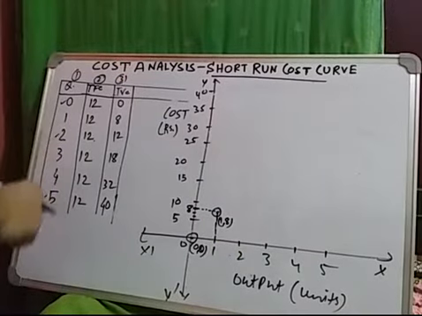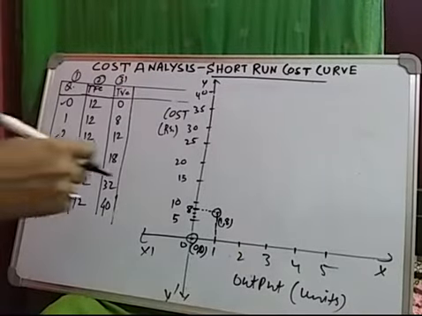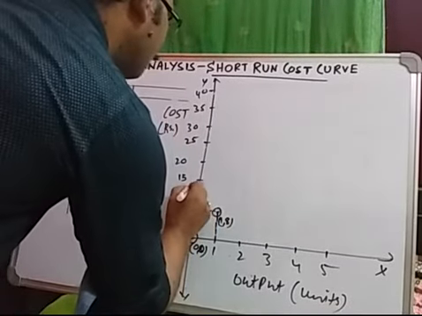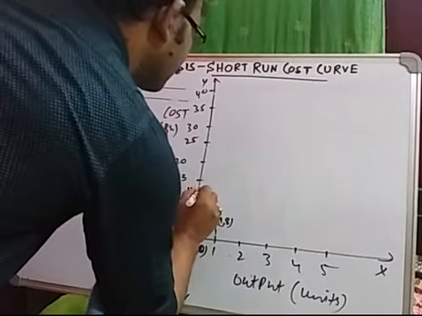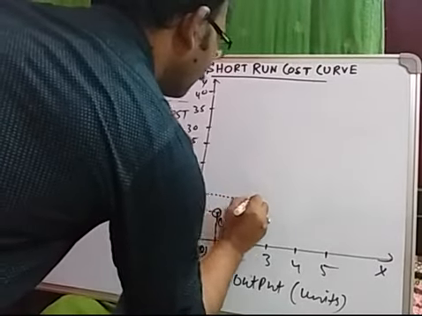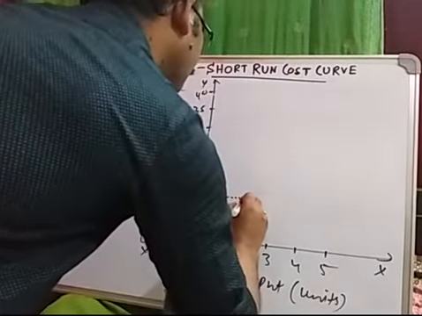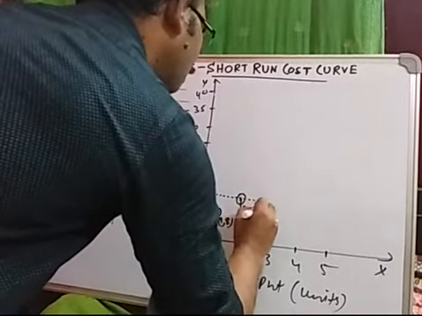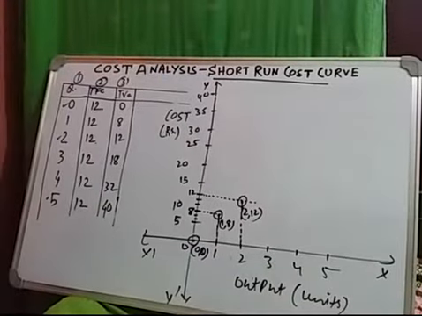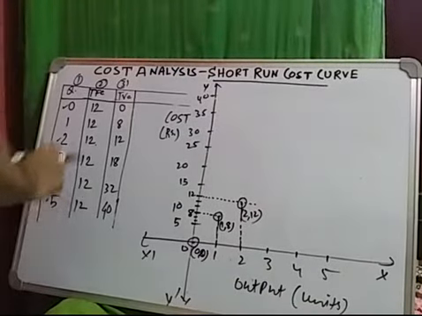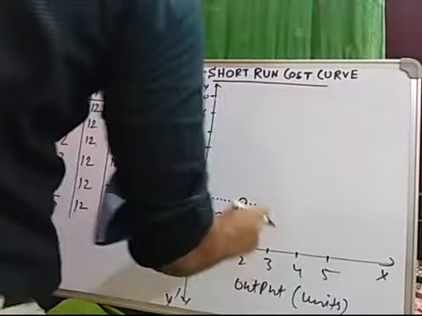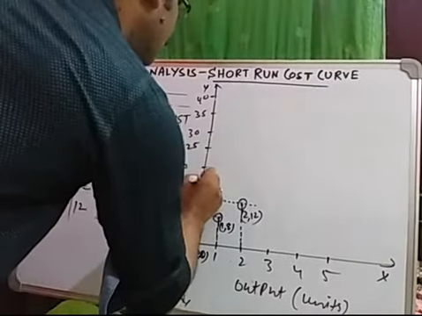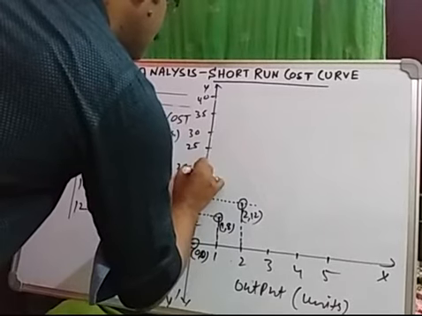Second is 2, 12: if you produce 2 units, this is 10, 11, 12, so you have to pay 12 rupees. This is the 2, 12 coordinate point. Then 3, 18: if you produce 3 units, the variable cost is 18.